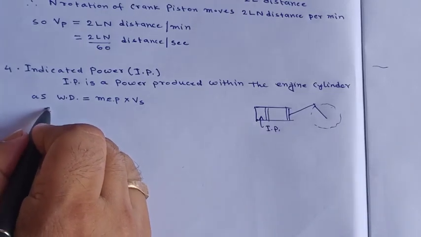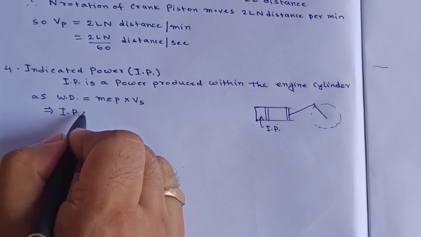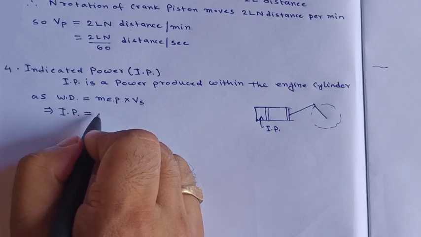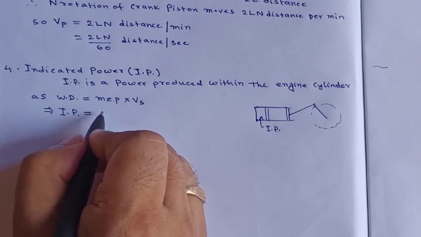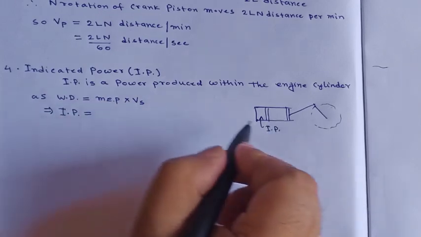So I can write IP, indicated power, equals indicated mean effective pressure, that is the pressure which is produced by indicated power.